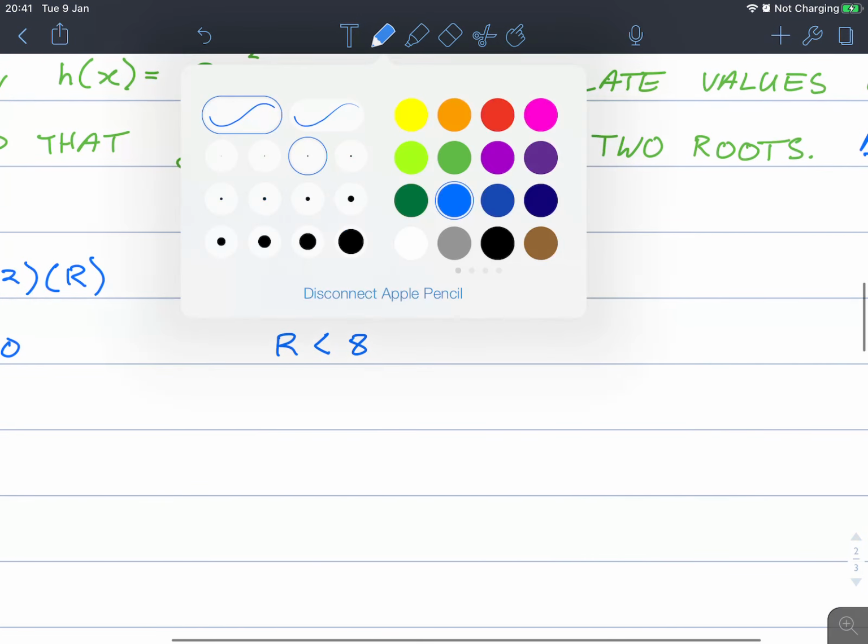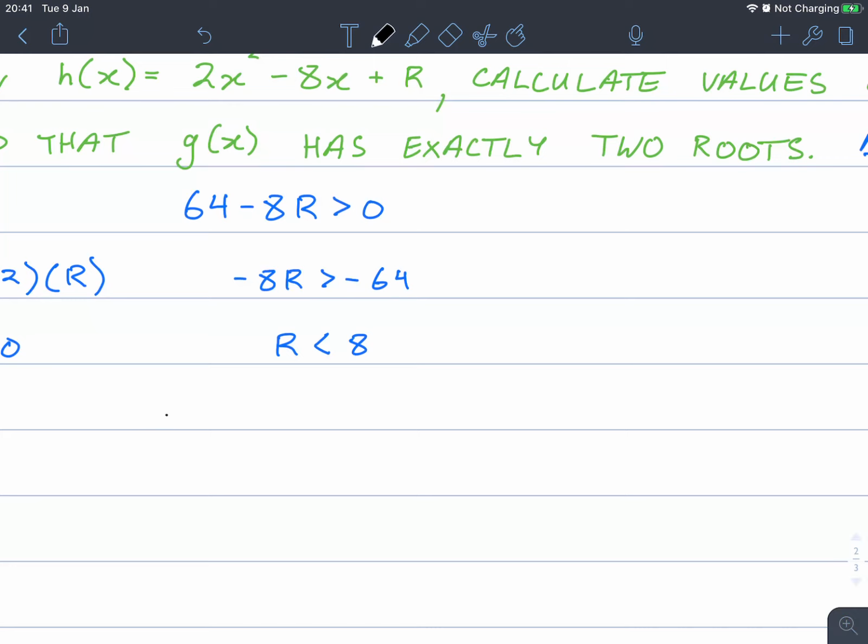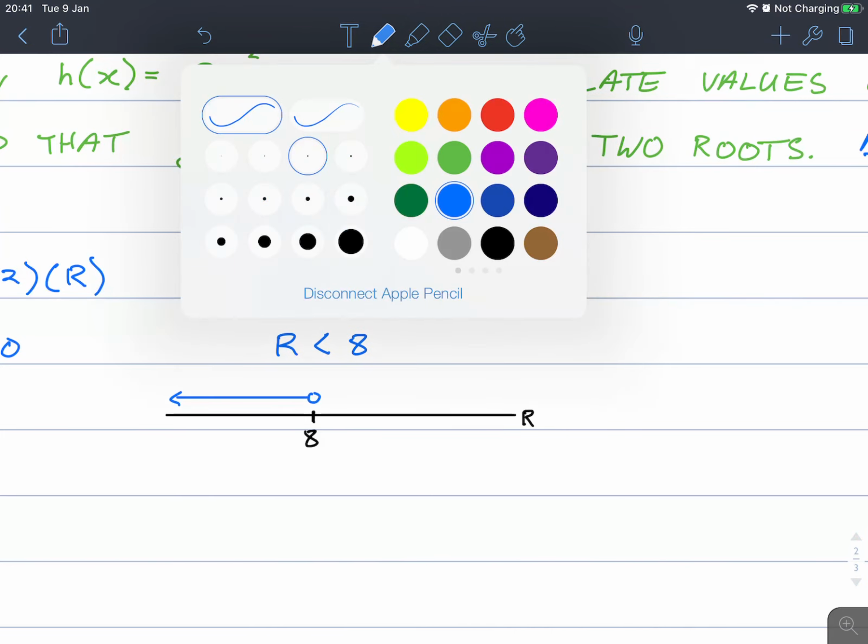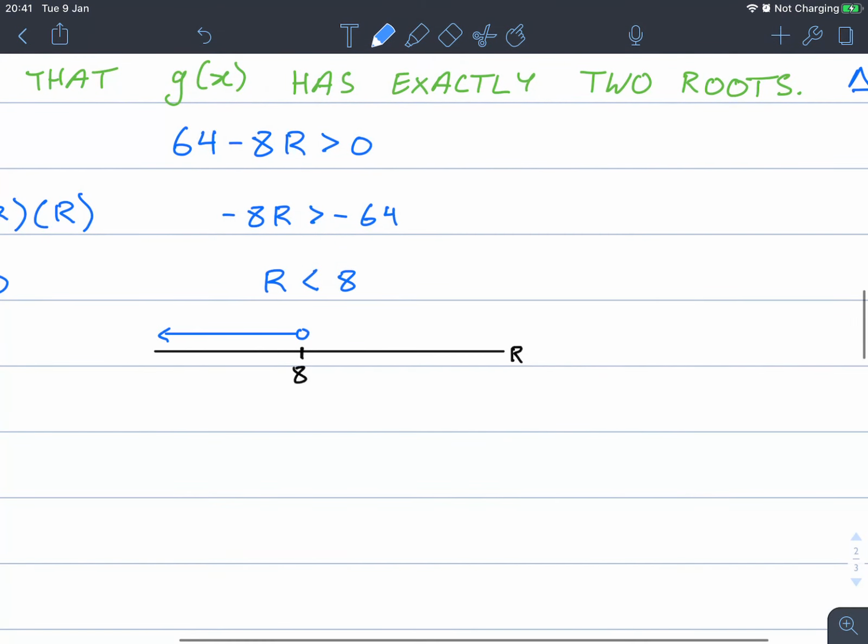And just so we can visualize this a little bit more, here's our number line for r. Here is 8, and we want r to be less than 8, so all these values below it. So in bracket notation, this would be negative infinity to 8, non-inclusive.